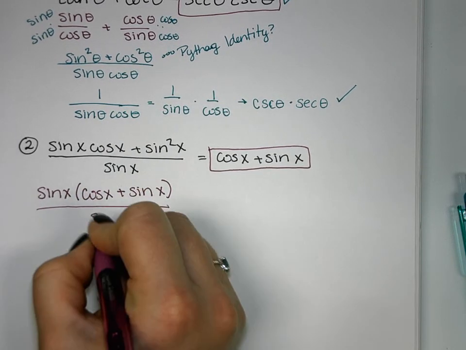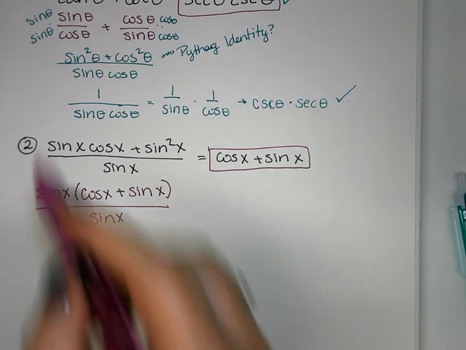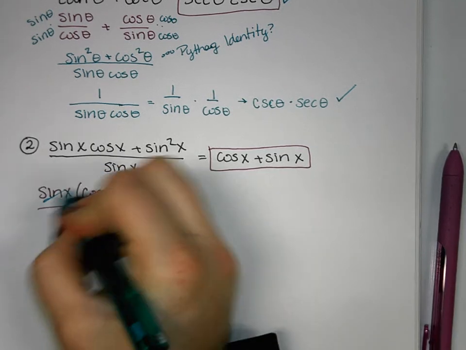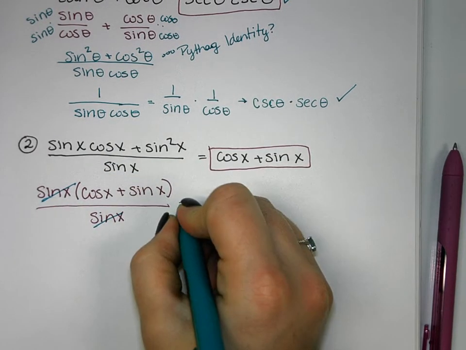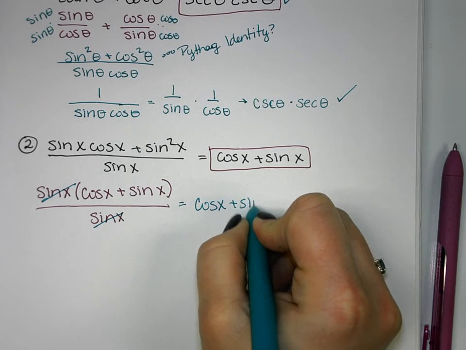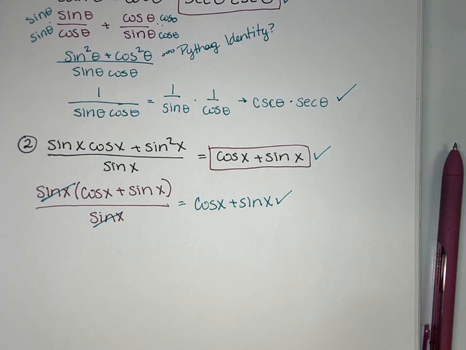This is all over sine x. Once this is out and being multiplied, we can cancel. So cancel the sine x's, and we're left with cosine x plus sine x, which matches what we boxed. So therefore, we know we're done.